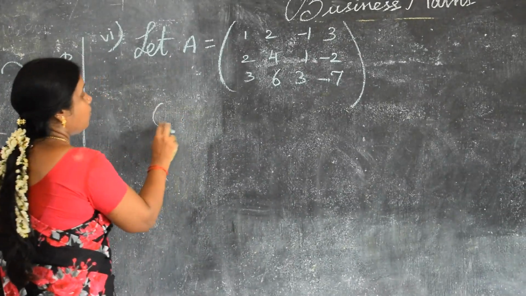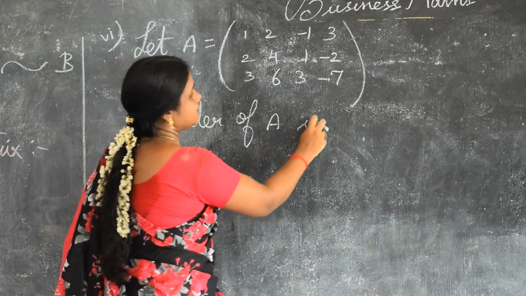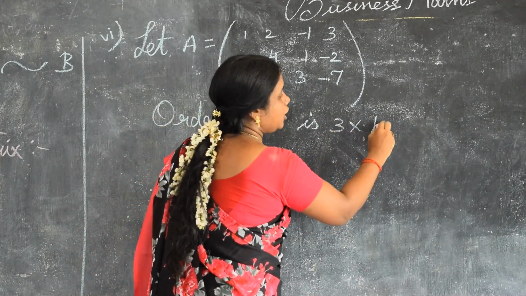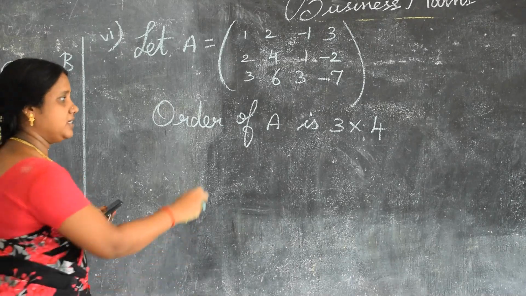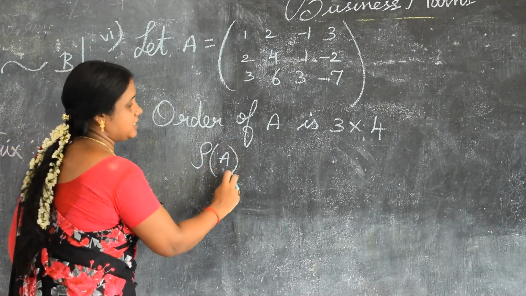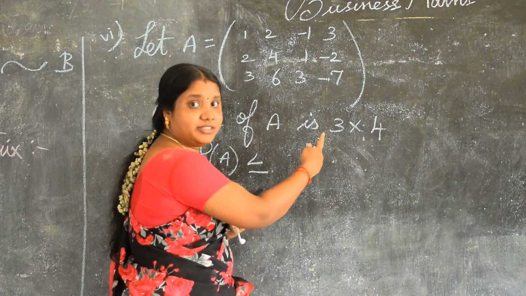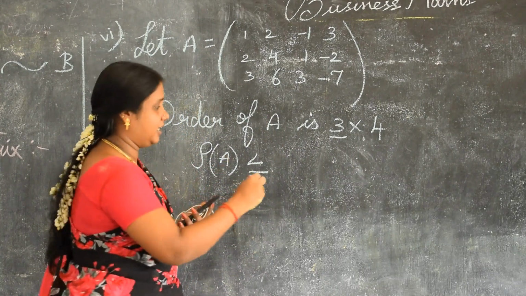See here, now what is the order of matrix? Order of A is, how many rows, how many columns here? 3 rows, 4 columns. Then what is the rank of matrix? See here, rank of A is less than or equal to, if it is 3 by 3 you will write 3, but here 3 by 4. That means write which is minimum here. Here 3.